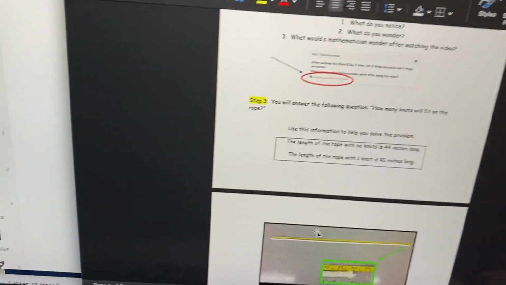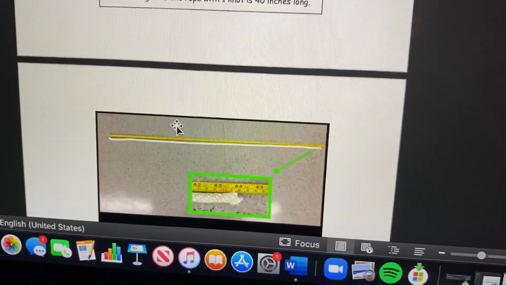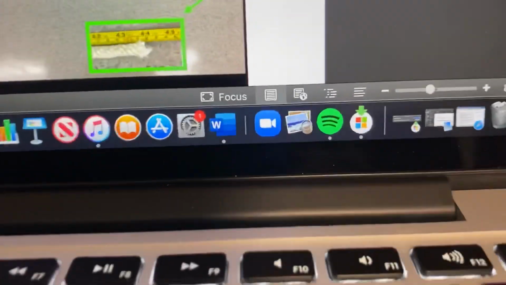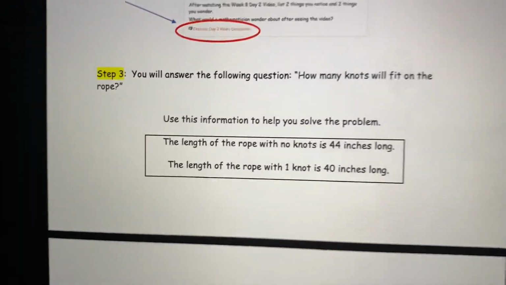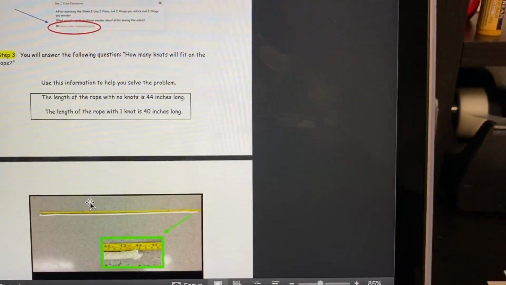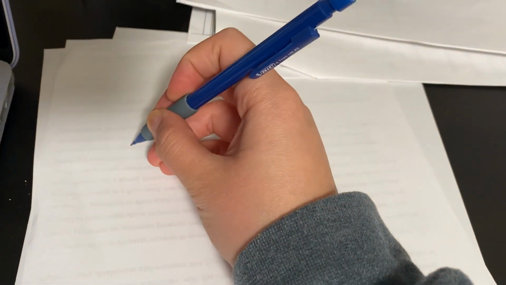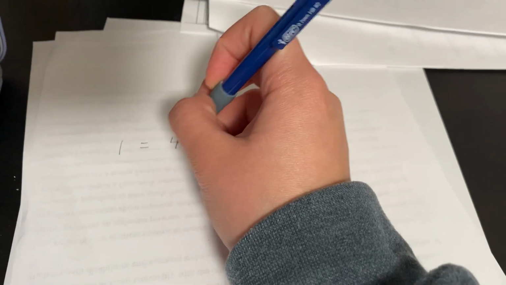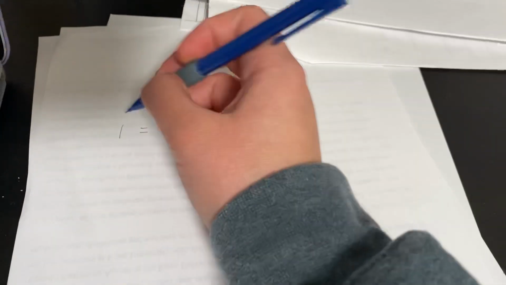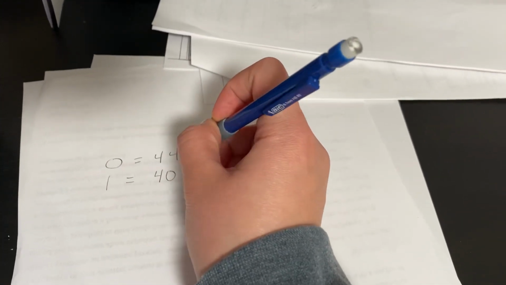I would grab a piece of paper because I think it's important that you guys write this out on a piece of paper. So I have one here for you. And I'm going to write this. I know that 1 knot equals 40 inches and 0 knots equal 44 inches.